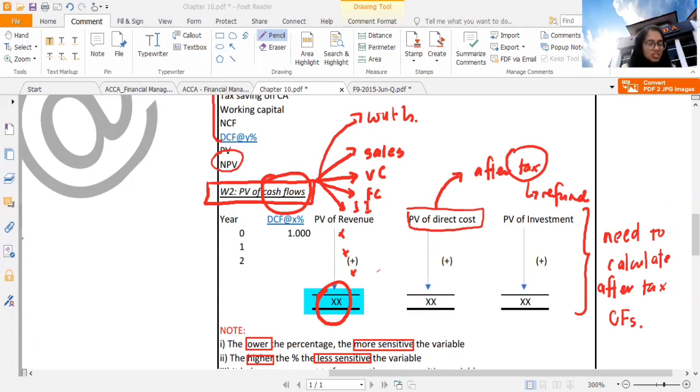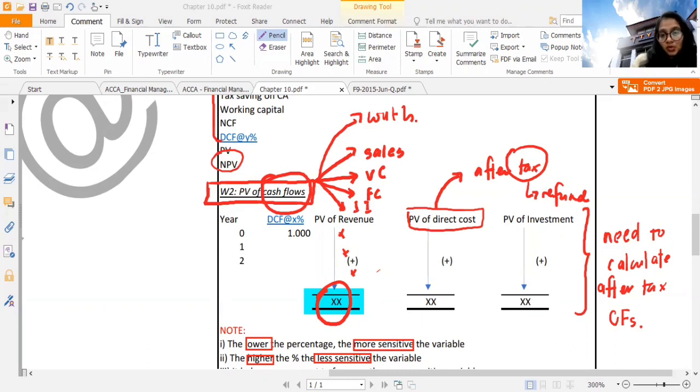All right. Now, what is the major disadvantage of this sensitivity analysis? The major disadvantage is the fact that when you calculate it, it looks at the variables in isolation. Now you must be careful, because your variables are normally interrelated to each other. There is no one variable standalone only that affects your project NPV.